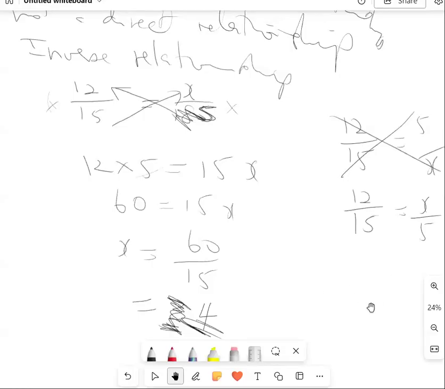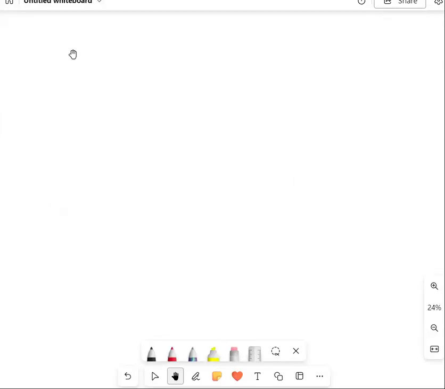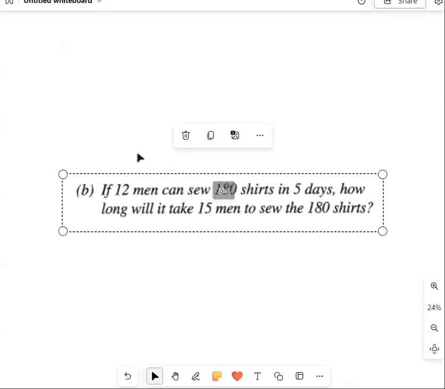Good observation. So let's use another approach, a more algebraic approach to solving the problem.